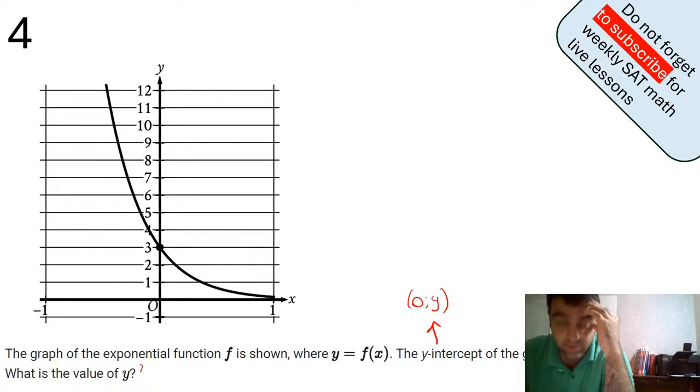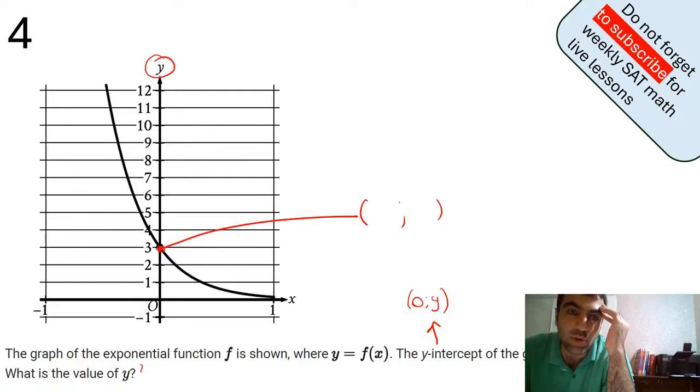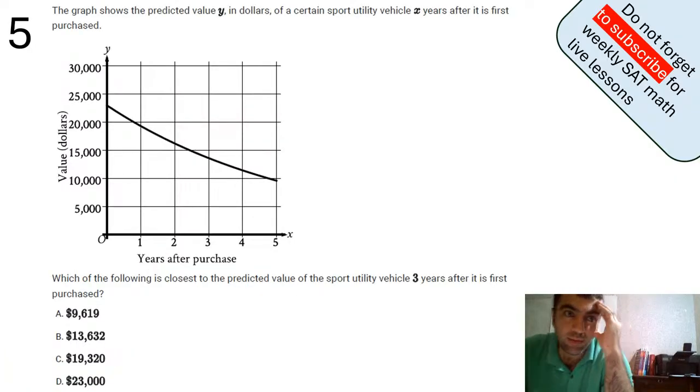For answer 3. Yes. Y-intercept means the intersection point with the y-axis. This point, the x-coordinate of this point is 0, as you see, and the y-coordinate of this point is 3. And we are asked what's the value of y. Y is equal to 3. You were right, guys. Fifth question.